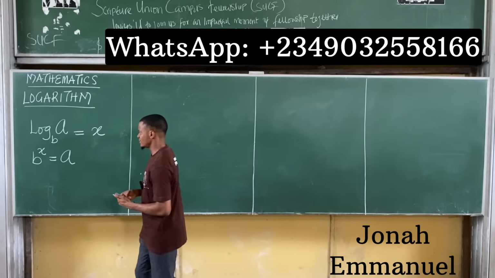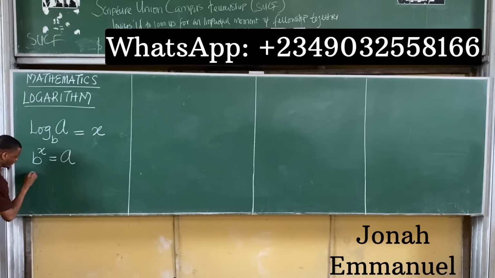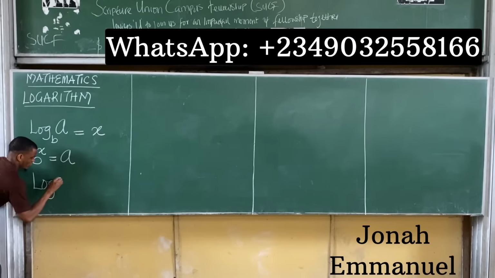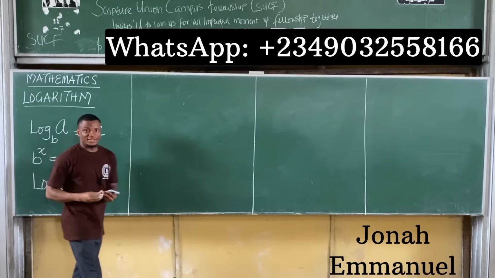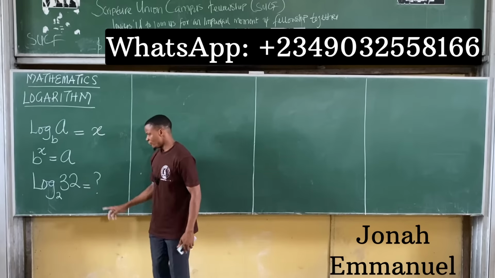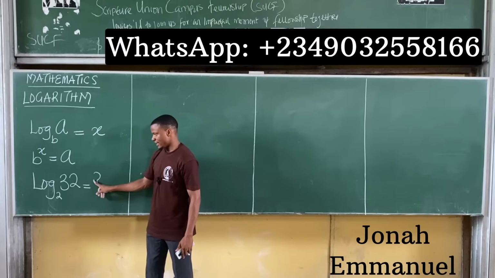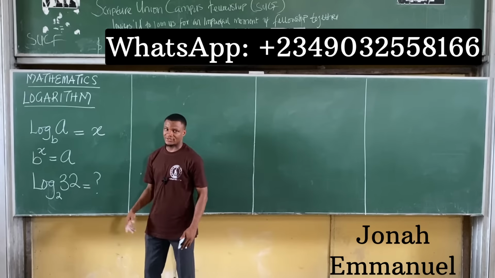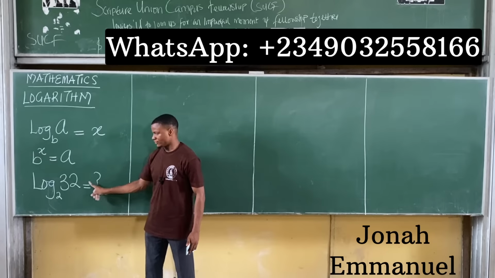Let's take for example, if I have log 32 and the base is 2, this is equal to what exactly? What this means is that I look for a number such that if I raise 2 to that number, I'll have 32. So the question is: 2 raised to power what gives you 32?